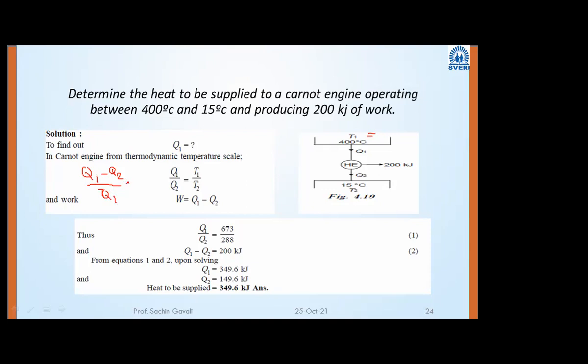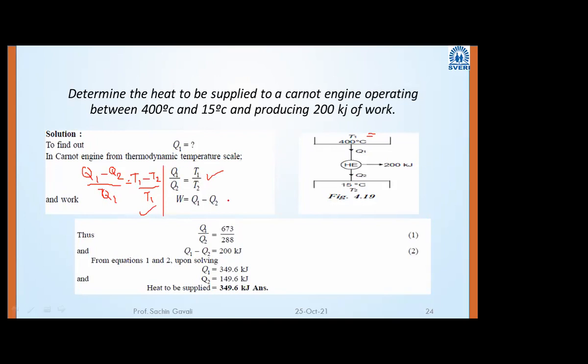This equation can work, with T1 minus T2. Both are the same.